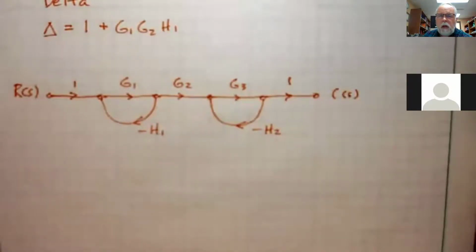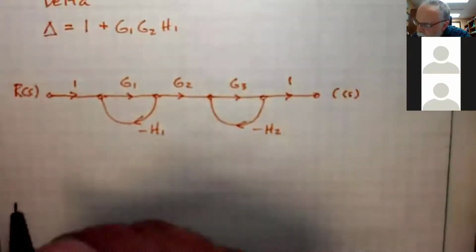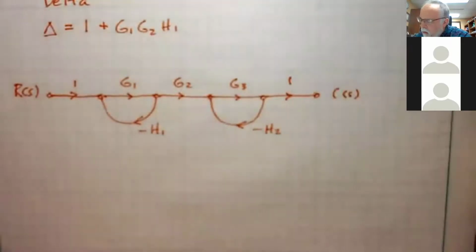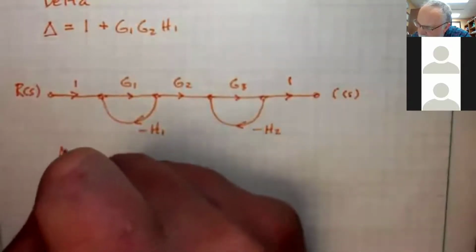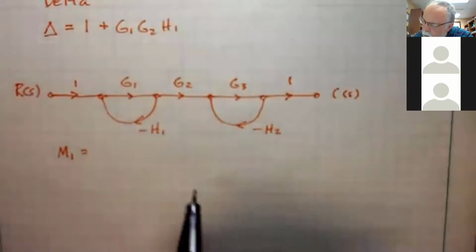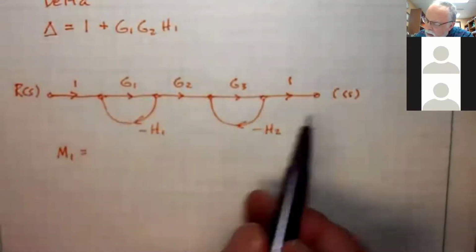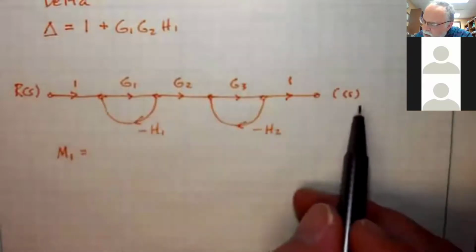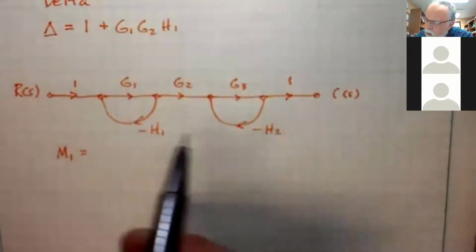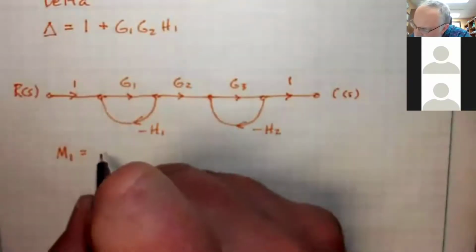So far, so good? Yep, looks good. Okay. Now, if we wanted to, I could add a third path to this, but let's not worry about that yet. So forward path, again, we only have 1 forward path, starting at the source, going to the sink, without going through any node more than once.